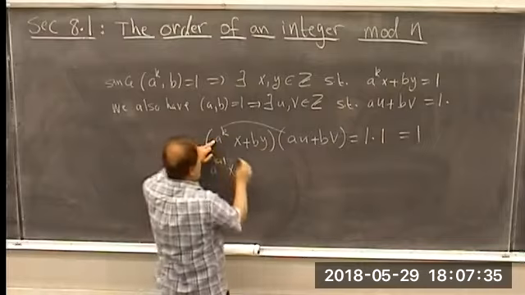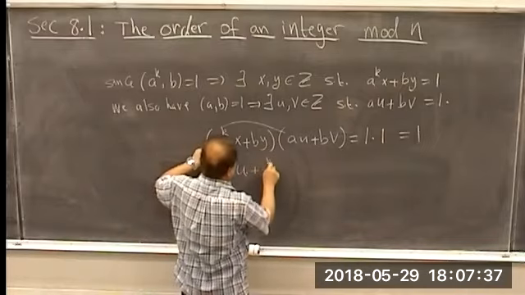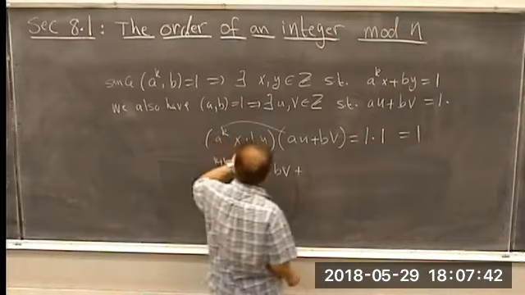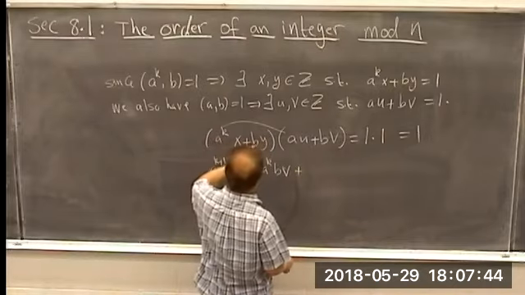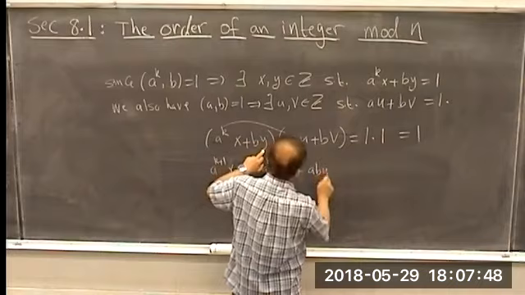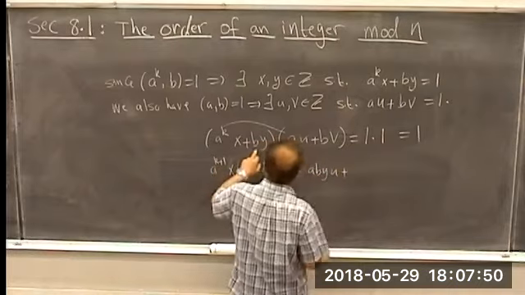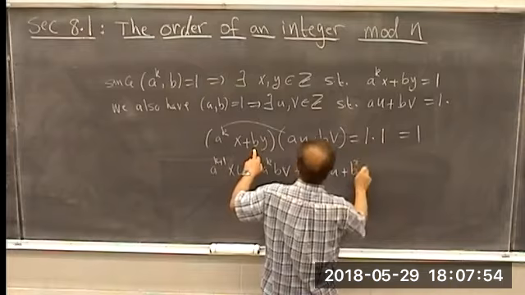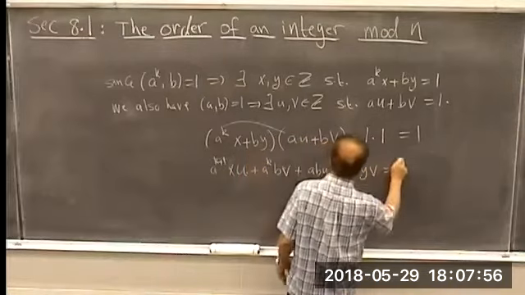And then we have plus A to the k B v plus B y times A u, so this is A B y u plus B squared y v, and this is equal to 1.